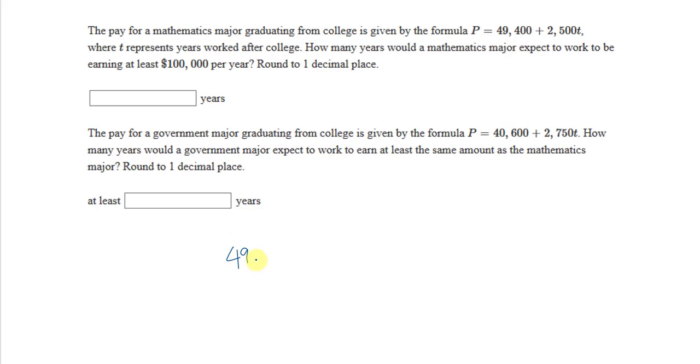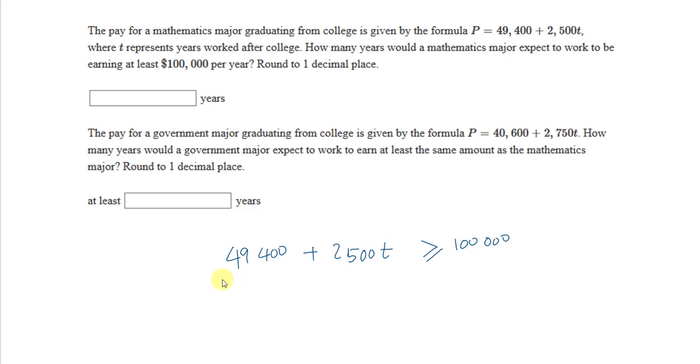The pay formula is 49,400 plus 2,500 T. You want the whole pay at least, that means greater than or equal. At least means we include that value. So bigger than or equal to $100,000. And you want how many years for that? In this case, you just solve for T because T is the time in years.